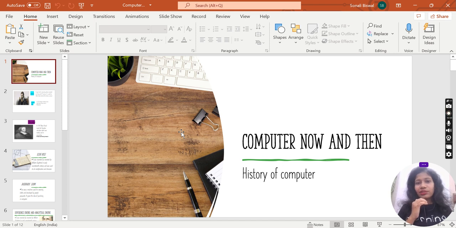When computers started, the size of a computer was too big, but now the size is too small. Size-wise and speed-wise, you can see it in our mobile phones.